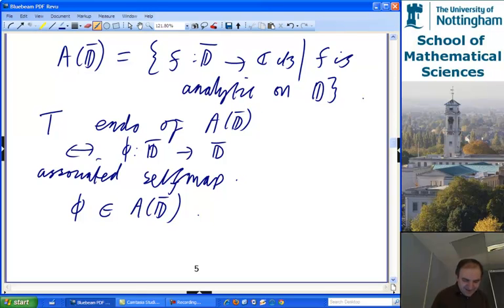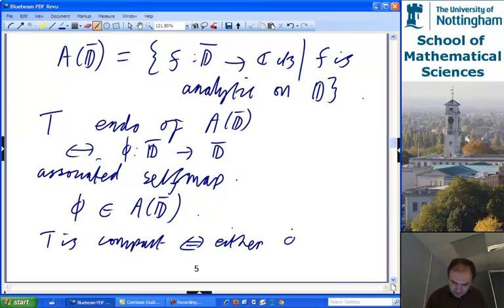And then T is compact if and only if either phi of the closed disk is constant or it's a compact subset of the open unit disk.